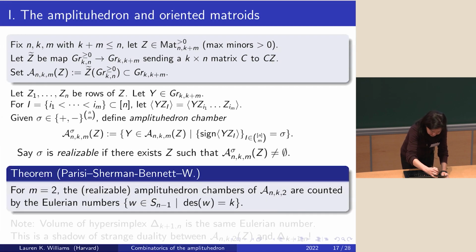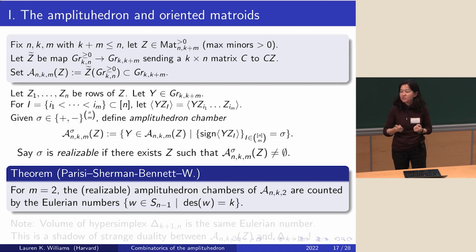Now it works again. It's sort of a surprise, but when m is 2, the realizable amplituhedron chambers are precisely counted by the Eulerian numbers, so they're precisely counted by permutations with a fixed number of descents.